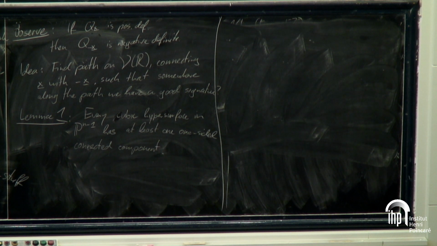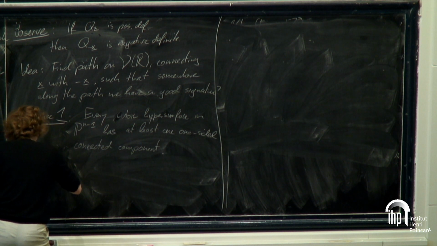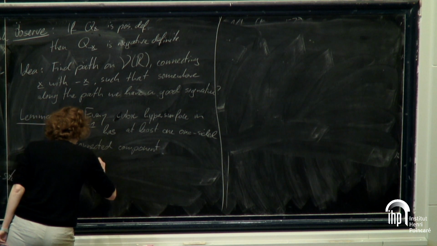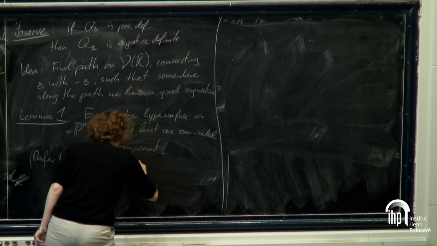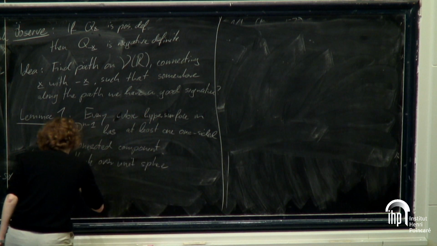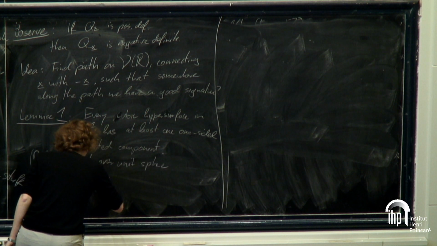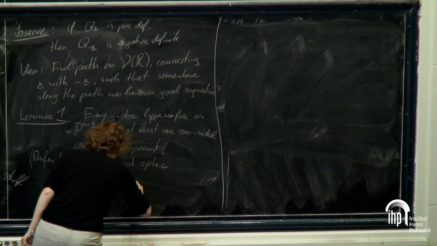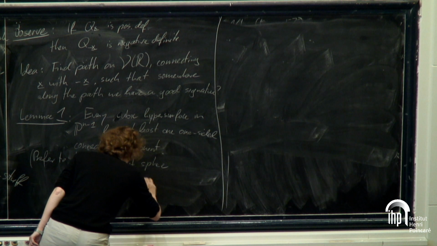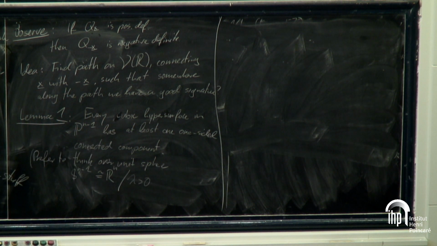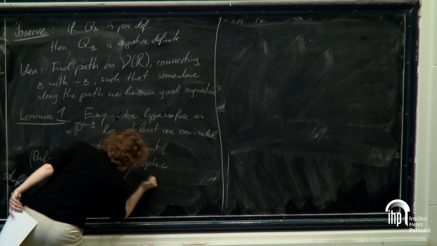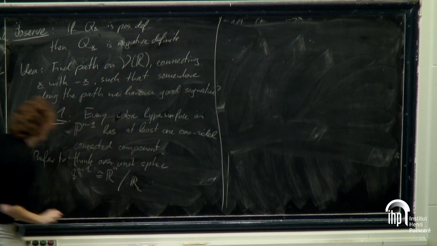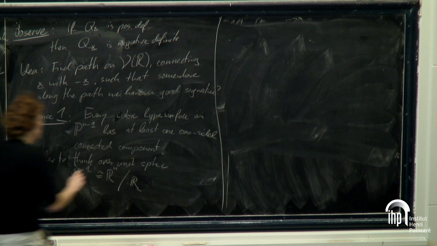Somehow, because of the pluses and minuses, I prefer to think in terms of the unit sphere, which is kind of like the projective space, except we don't mod out by plus and minus. Or perhaps R plus.